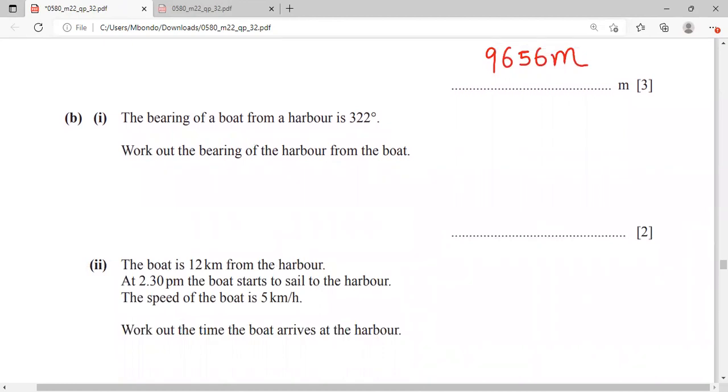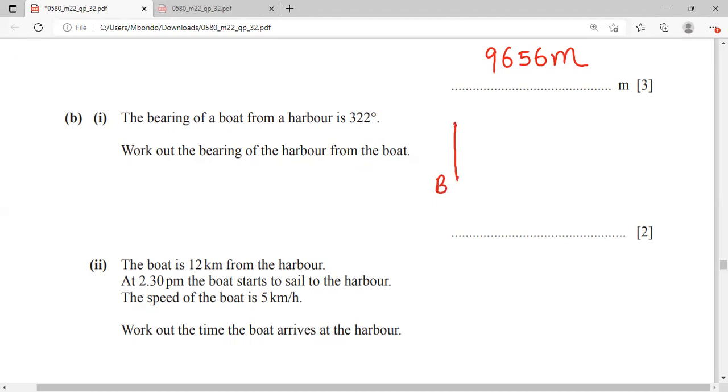So we have this question now, B1. The bearing of a boat from a harbor is 322 degrees. Work out the bearing of the harbor from the boat. Okay, so we need to have the bearing of what? The boat. So let's say this is the boat here.